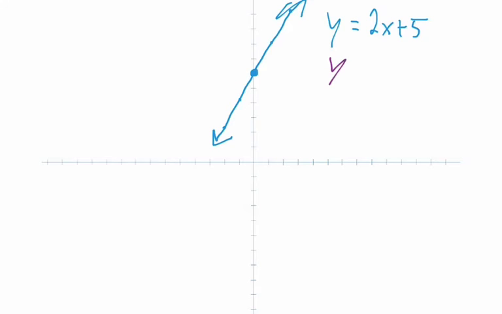The next one is y equals negative 1/3 x plus 5. Same idea. I don't start with a slope. If I start with a slope, I don't know what point to count from. I've got to start with the y-intercept, start with a point and then map out the slope.